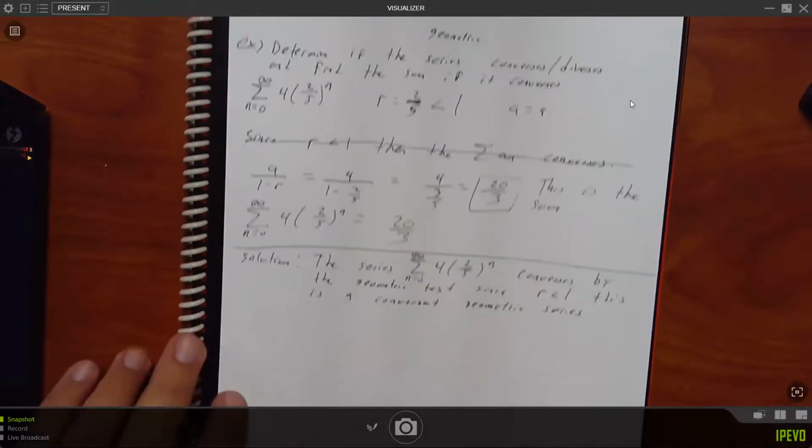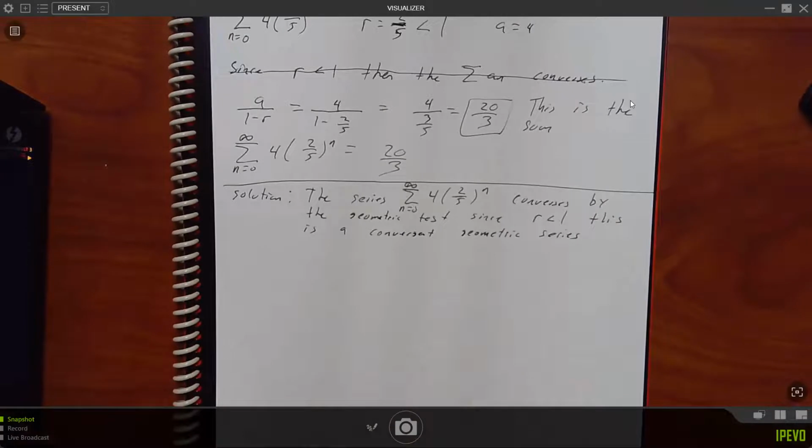So we can consider the geometric requirement one of the first tests that we're going to look at. You can have a bunch of different ones. So the hard part will eventually be figuring out when do I use what test, just like when we're doing integration, right? When do I use which technique?